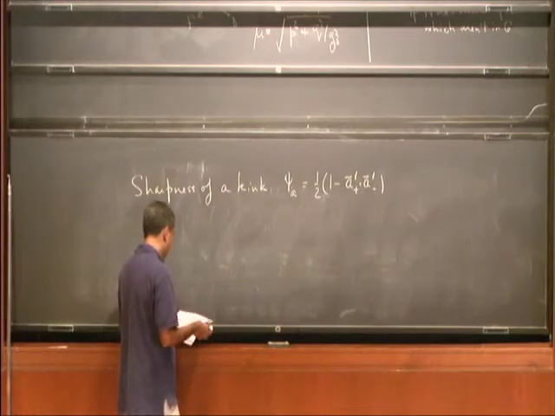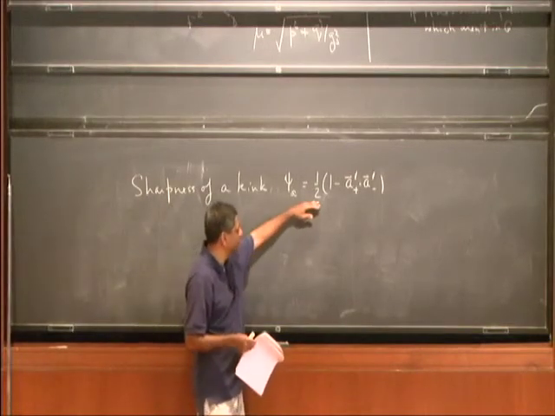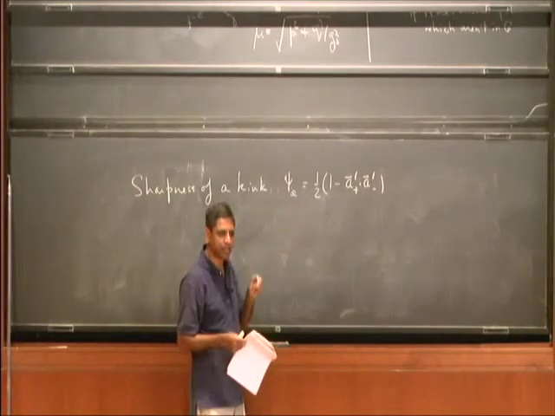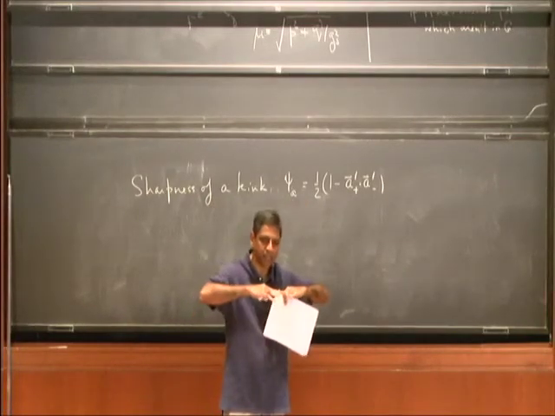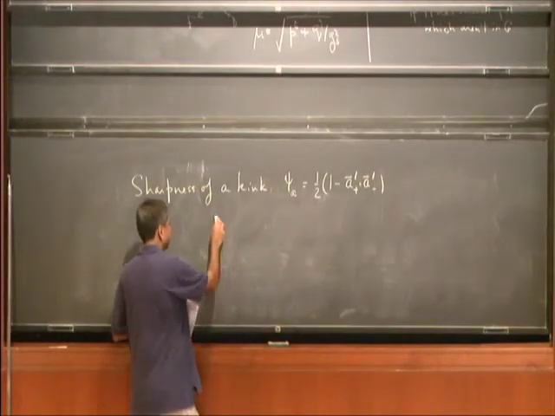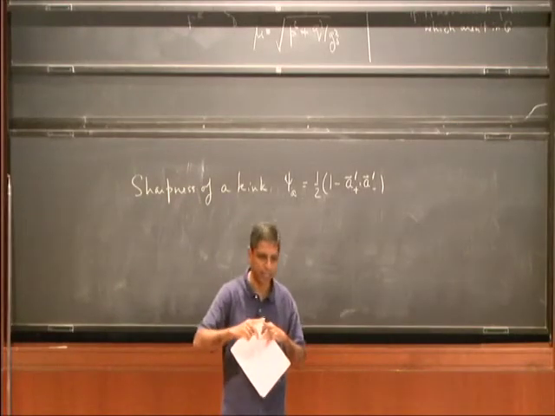And what it turns out is that the distribution of the sharpness is peaked at the very shallow kinks. Basically, in the history of the universe, at some very early time you form some kink.